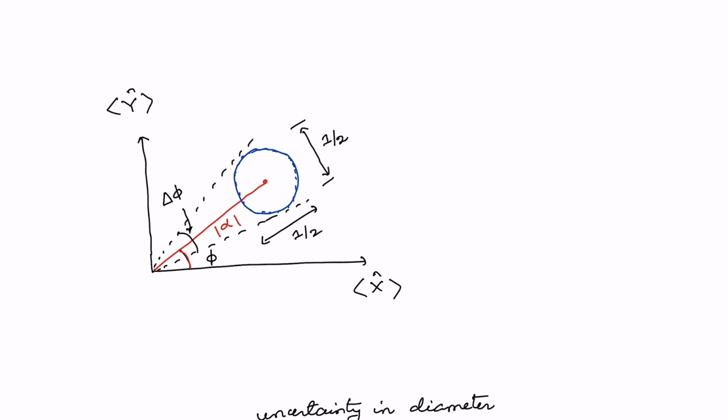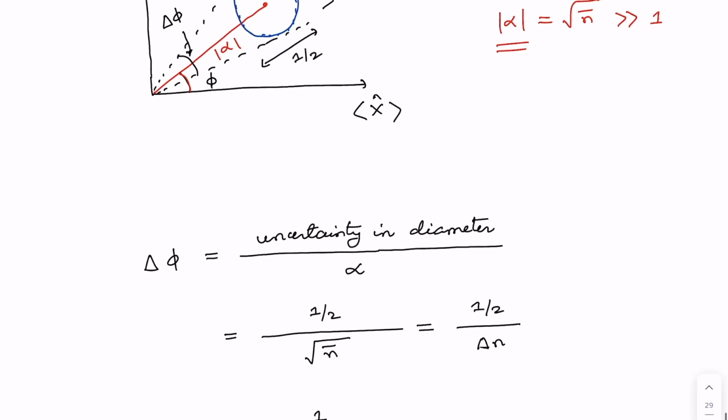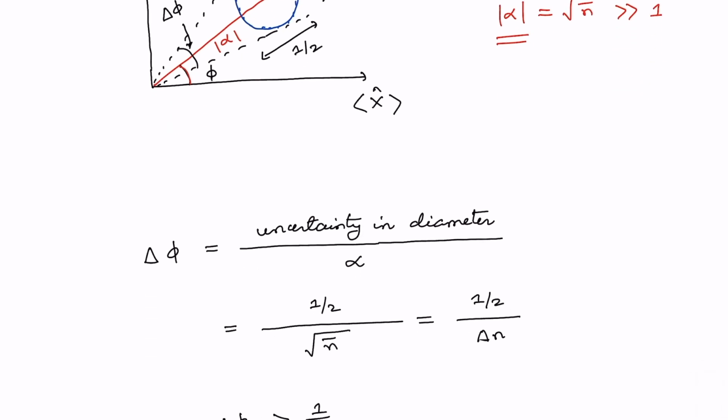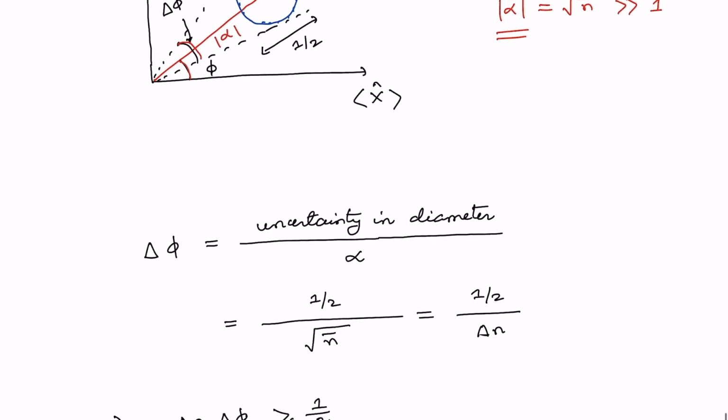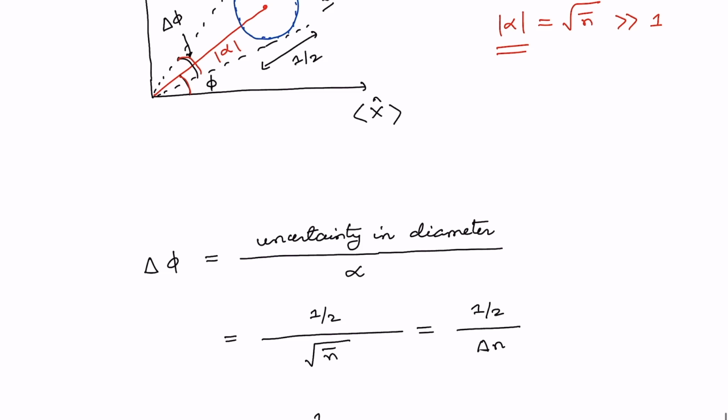Now you see this mod alpha, which is equal to the square root of n bar, is much greater than 1 for the coherent state. If mod alpha is very large, then the phase uncertainty delta phi, as you see from this diagram, is going to be the uncertainty in the diameter divided by mod alpha.